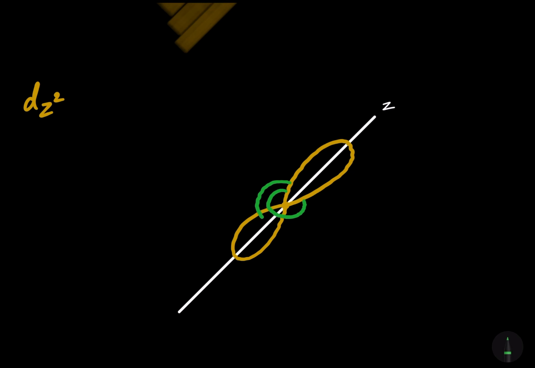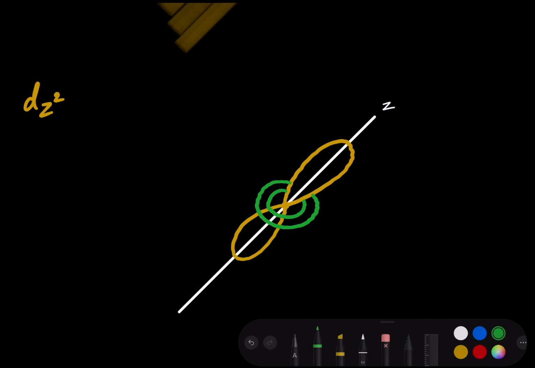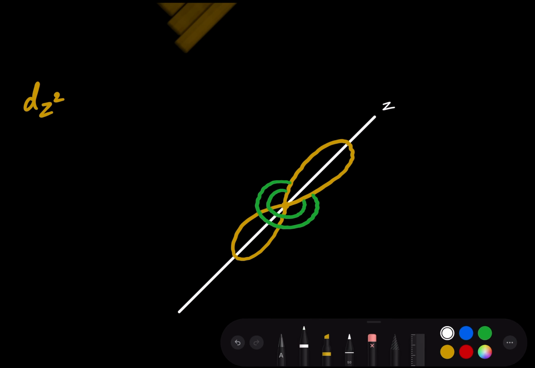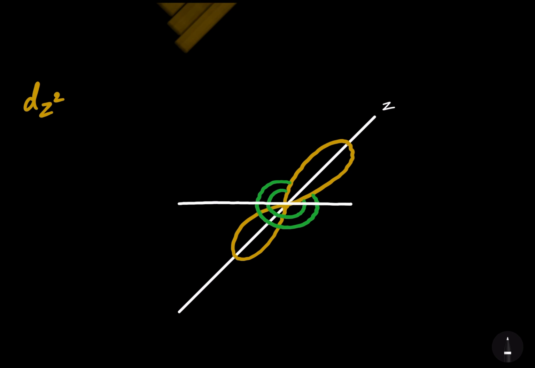So that's the dz square. Now let me draw the x-axis and the y-axis. That's x-axis. That's y-axis.